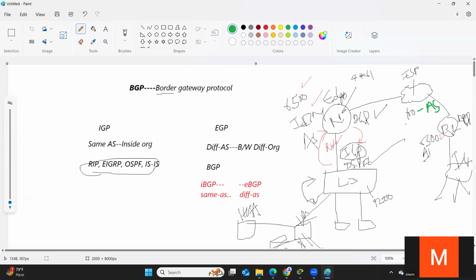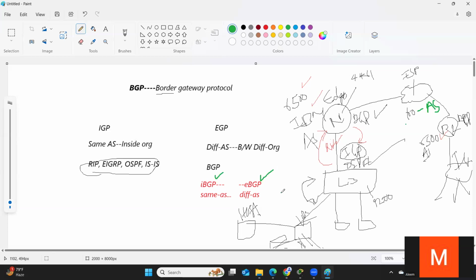In between the ISP and our LAN network, our organization network, we will use eBGP neighborship. So IBGP and eBGP are the two neighborship concepts we have in the BGP protocol.